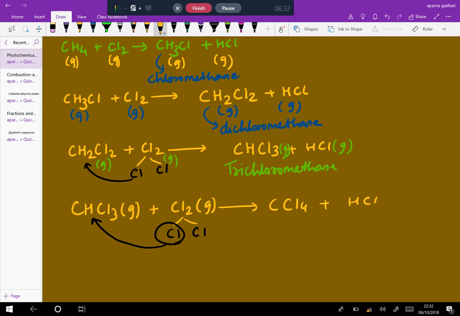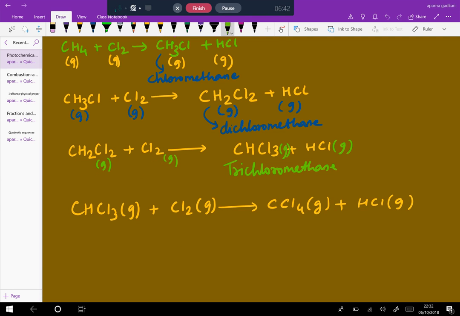In this case, remember, it is a gas, and again you have hydrogen chloride gas also. The name of the new product will be tetrachloromethane.